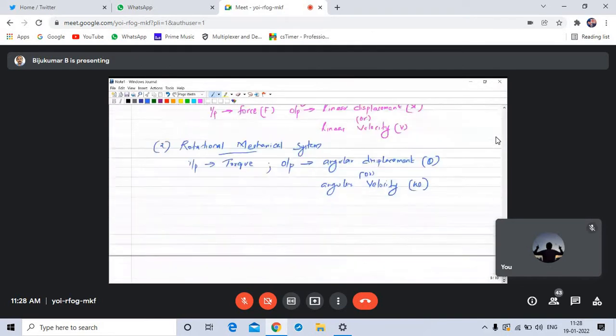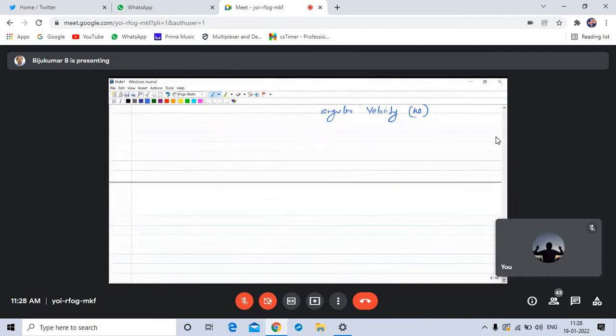And the next element is spring, right? The second element is the spring element. The spring element is nothing but which represents the stiffness of the system, right? Where are we using springs, can you give one example?